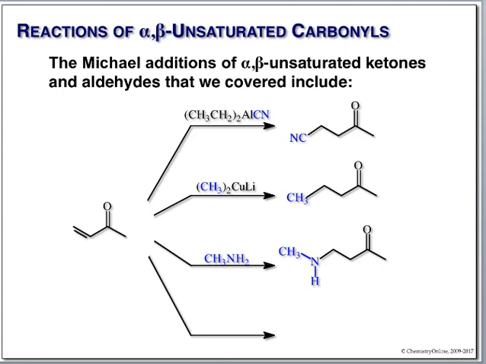Now, I'm sure you are sitting back and saying to yourself, hey, I wonder, can we add an enolate anion to the beta carbon? Well, of course we can. Let's take our pentanedione enolate anion, simply add the enolate anion carbon to our beta position, and wow, look at what we've just made.